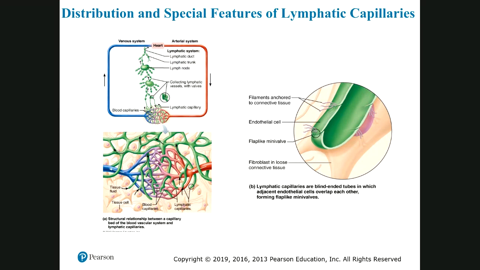This is full of fluid and leaked plasma protein. Those leaked plasma proteins go through the lymphatic capillaries and travel all the way back to the heart through the venous system. They are actually going through those lymph nodes to be cleaned.